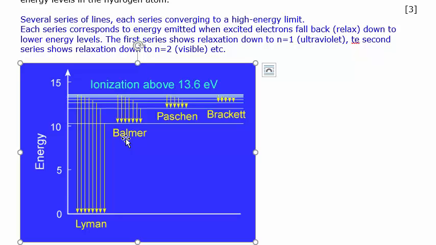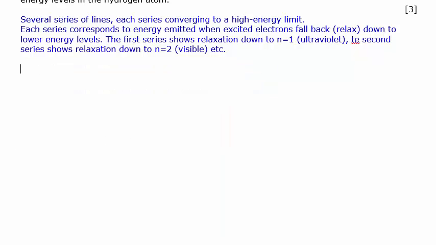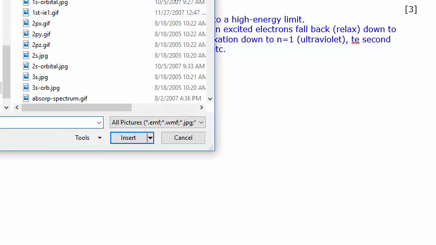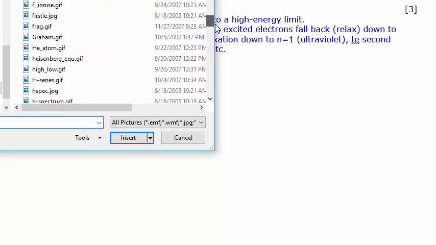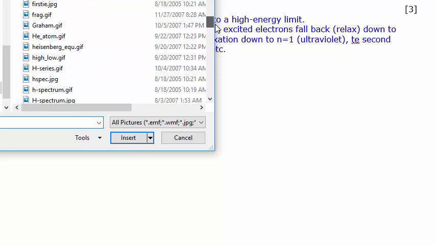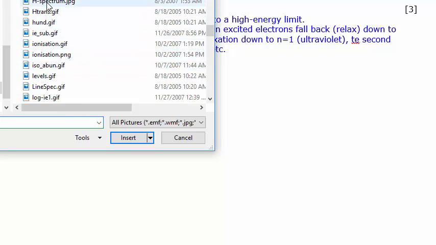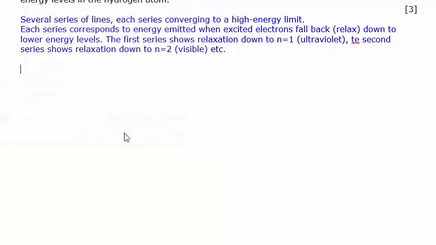Oh, that's not the one we wanted. Should take us back to the same place as well. H series, H spectrum, 2H spectrum JPG.